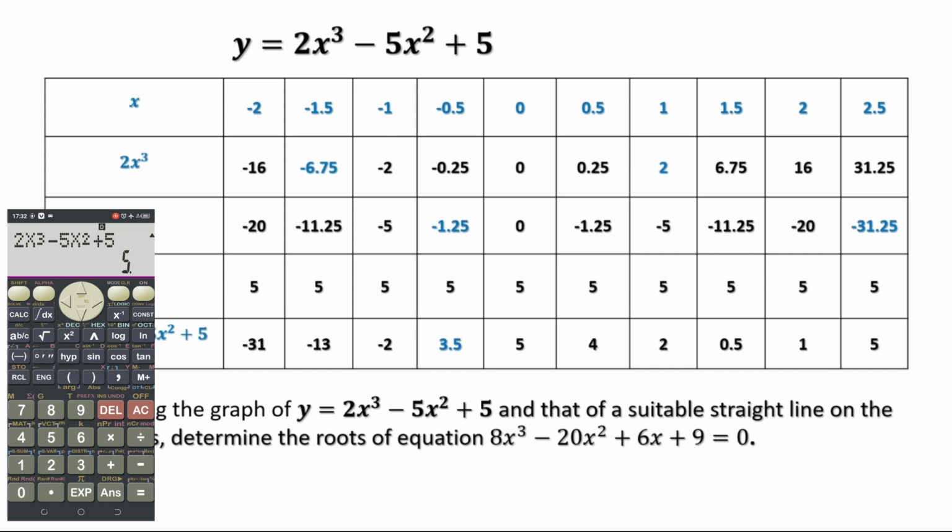And after that, by drawing the graph of y is equal to 2x cubed minus 5x squared plus 5, and that of a suitable straight line on the same axis, we are going to determine the roots of the equation. Alright, now how are we going to solve this? So let us do that now.